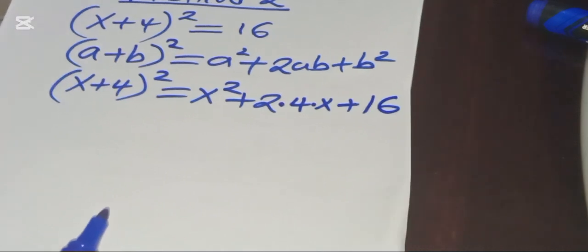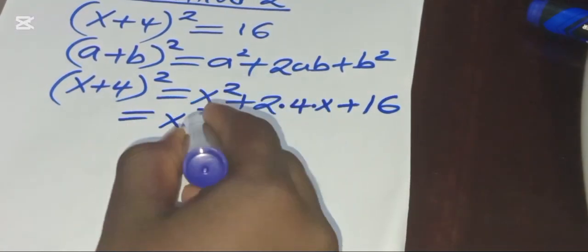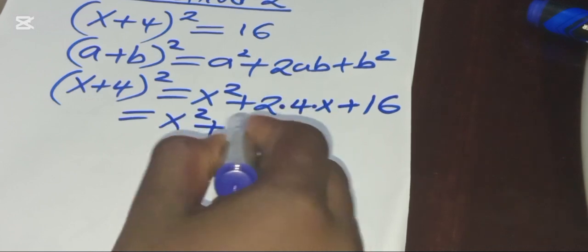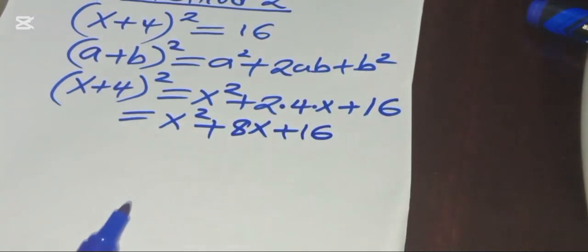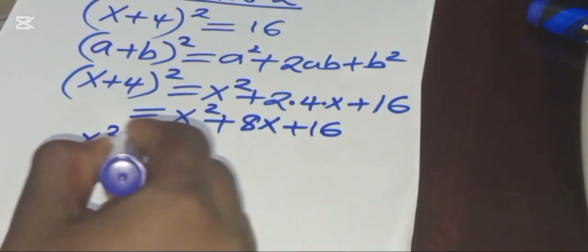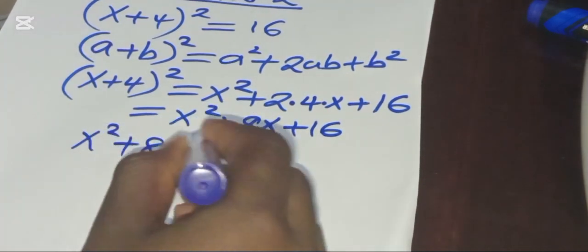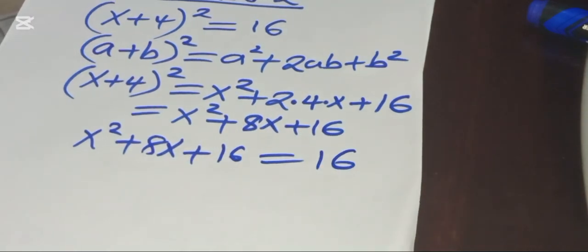Now, this is the same thing as x^2 + 8x + 16, okay? So we'll have x^2 + 8x + 16 = 16, all right?